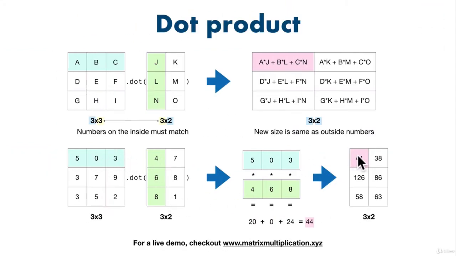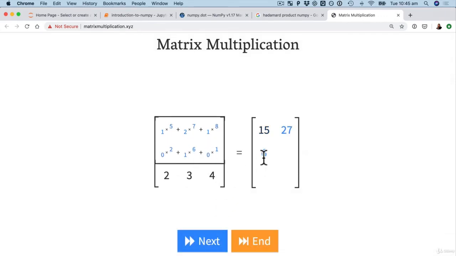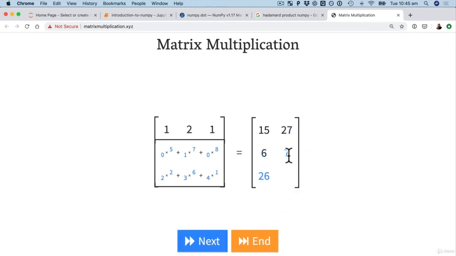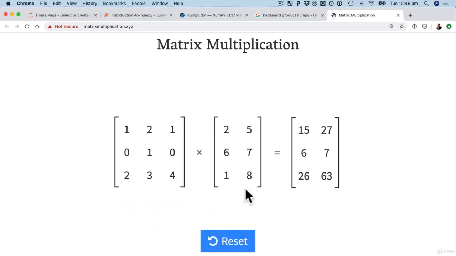We've got the top left. Now if we follow it through, okay, we get the top right and the middle left. Then we get the middle right and the bottom left. And then we finally finish up with the bottom right number. So have a play around with this if you check it out. You can keep going through. It takes a little bit of practice to understand the dot product.